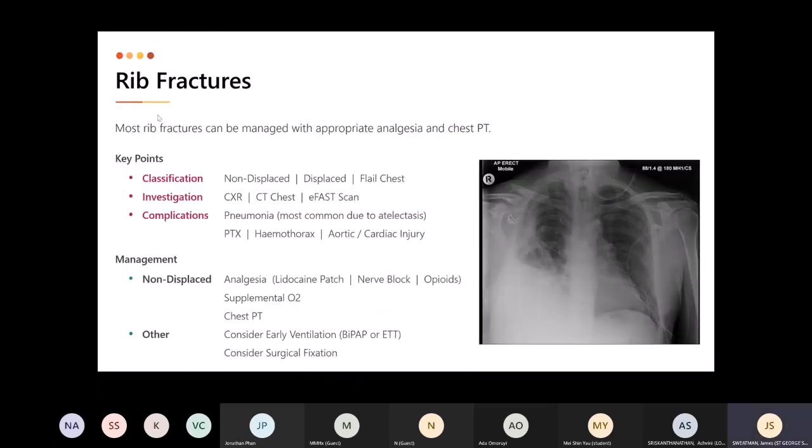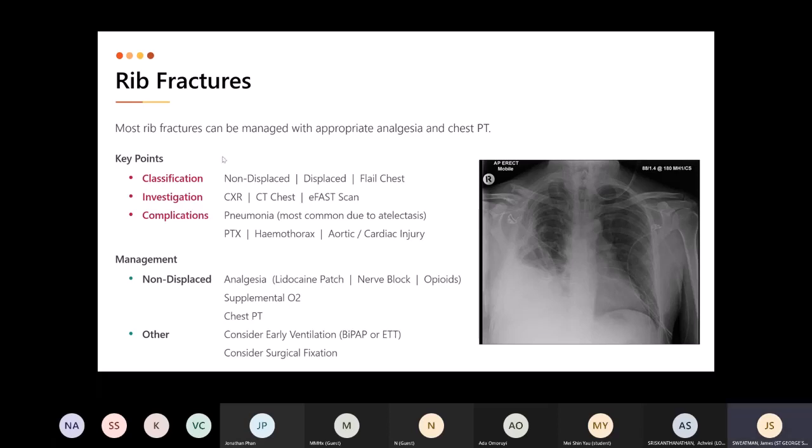Cool. So rib fractures, most of them are managed with just appropriate analgesia and chest physiotherapy. You can classify them as non-displaced, displaced, or flail chest segments. And we normally do a chest X-ray. If we think there's any other trauma or they're very complex rib fractures, then you might do a CT chest.